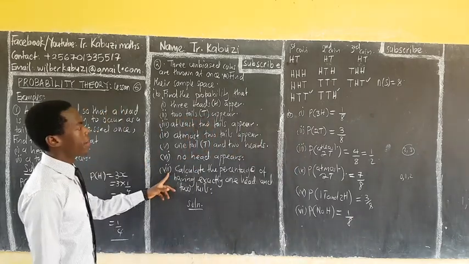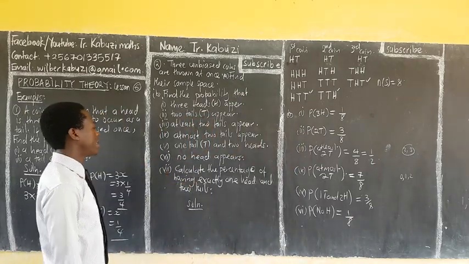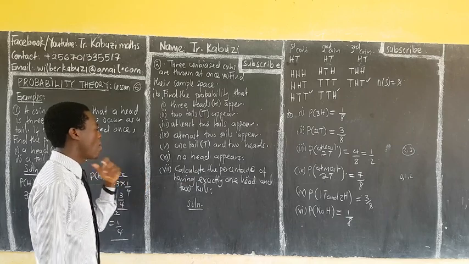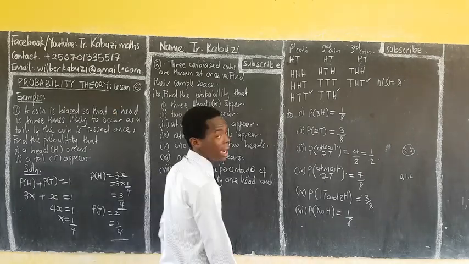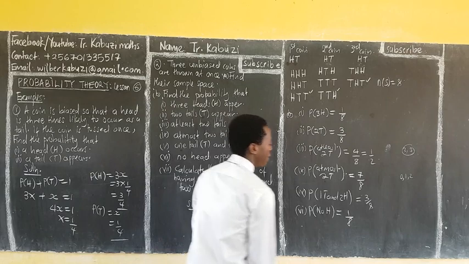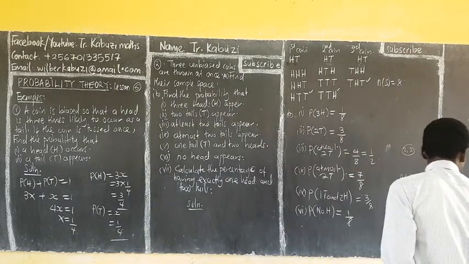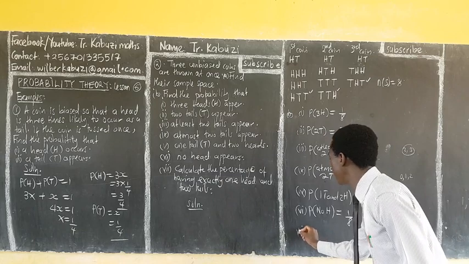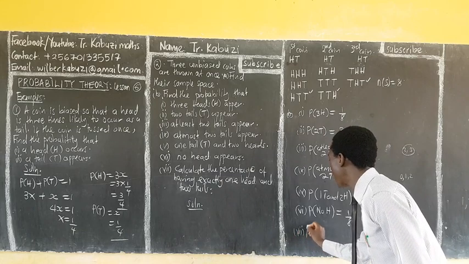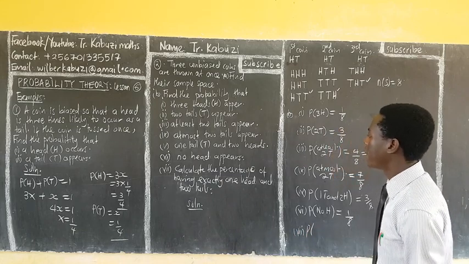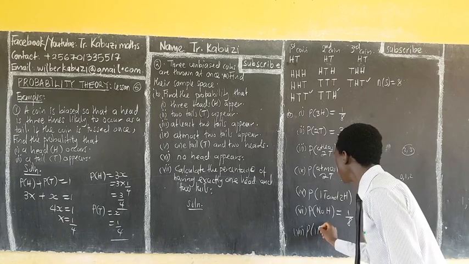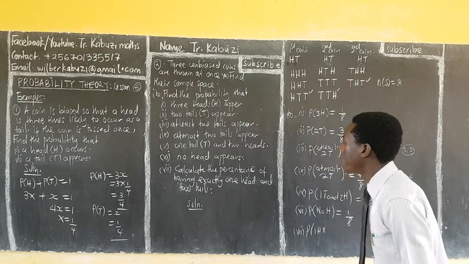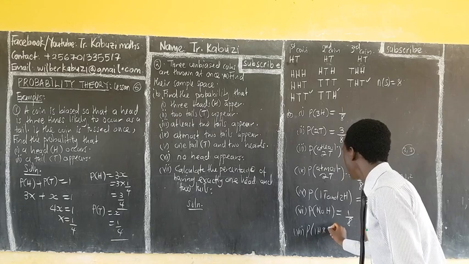Then going to 7, calculate the percentage of having exactly 1 head. So now this way I want to calculate the percentage. First of all, you first get the probability of that. So the probability, first of all, of remainder 7: we have 1 head and 2 tails.